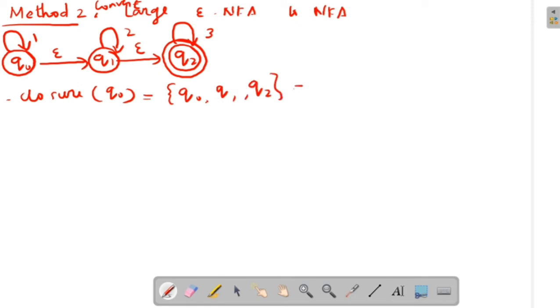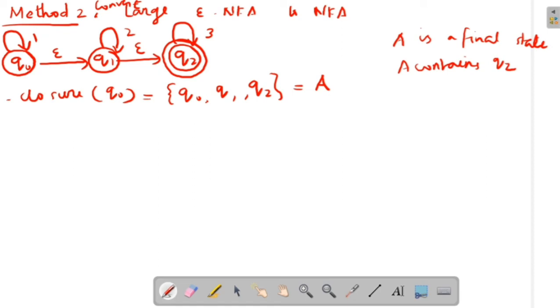This is represented as capital A. It is a set of states and it is a new state called A. A is a final state because A contains Q2, a final state.